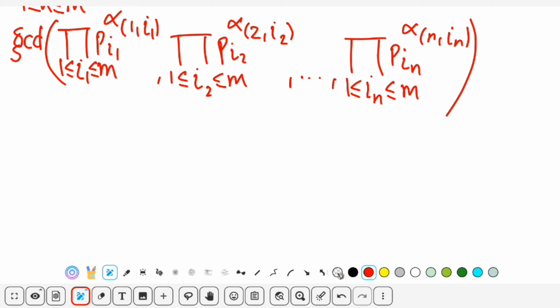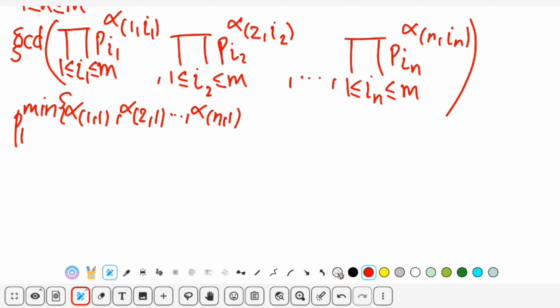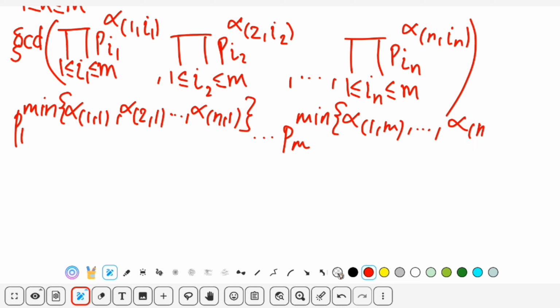So let me write p1 raised to the power the minimum value of alpha 1,1, alpha 2,1, up to alpha n,1, and so on, pm raised to the minimum value of alpha 1,m up to alpha n,m.